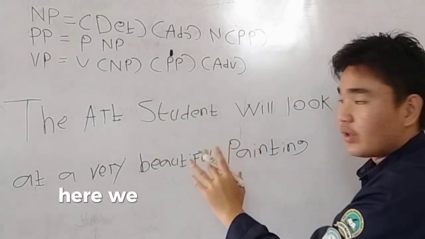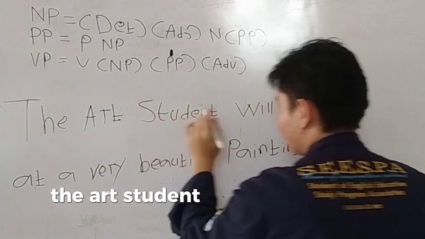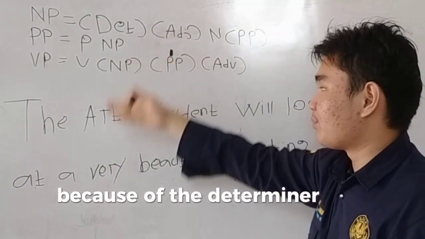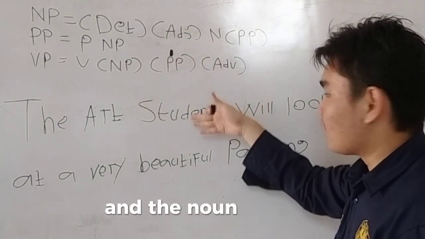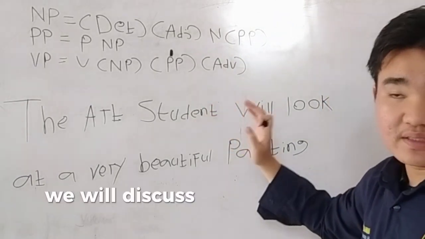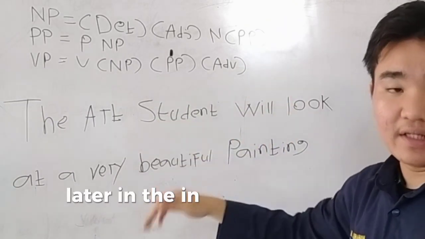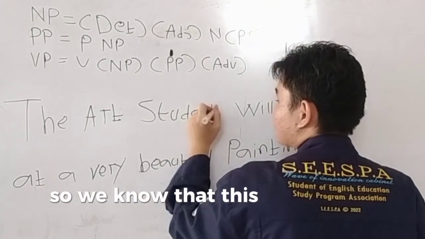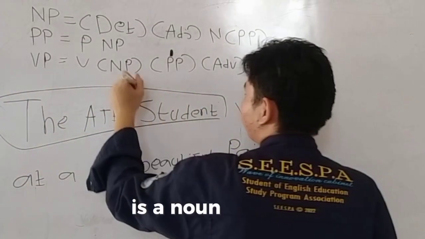Here, we know that this part of the sentence, the art student, is a noun phrase. Why? Because of the determiner the, the adjective art, and the noun student. We will discuss this in the form of a tree diagram later in this part of the video. So, we know that this part of the sentence is a noun phrase.